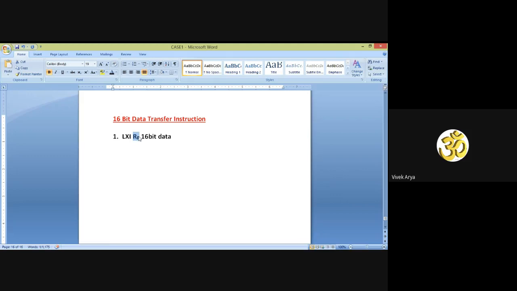So this is the complete instruction: LXI RP 16-bit data. RP represents register pair.